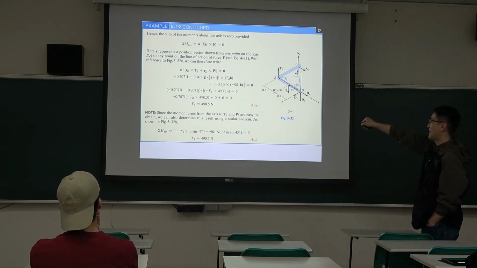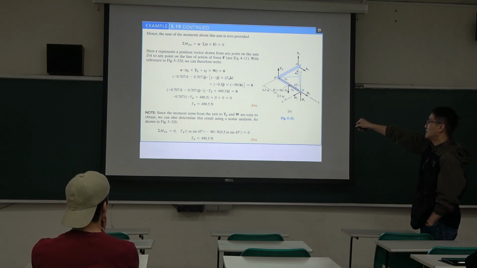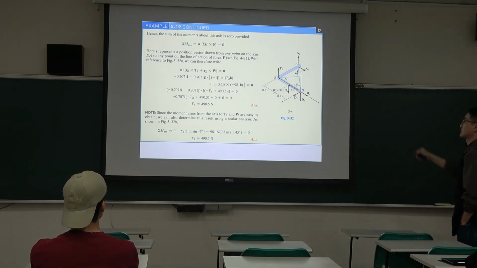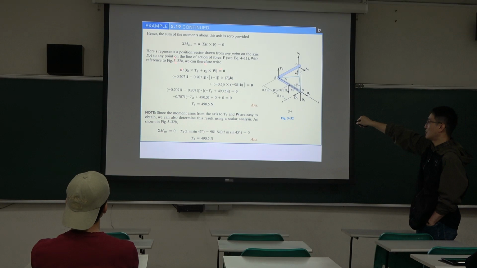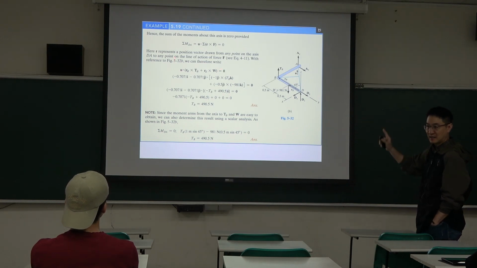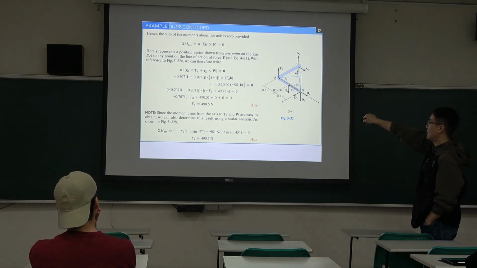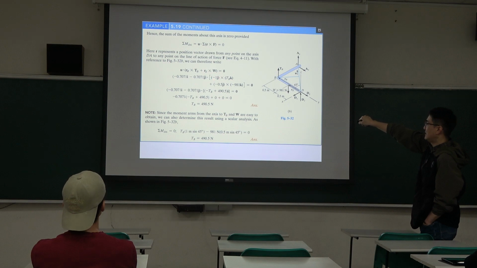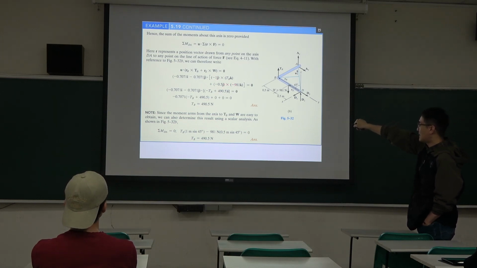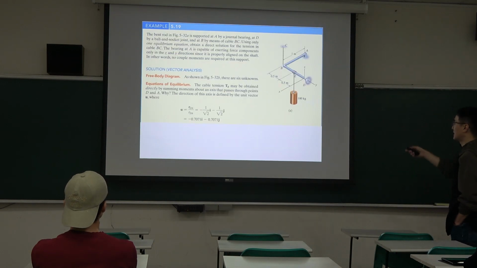Okay, then the unit vector dot this cross product should be equal to 0, because for the dot product, that's only magnitude. So the magnitude should be equal to 0. Okay, so RB is here, and TB we represent in this way, and RE is halfway to RB, so RE is this value, and that's the weight of this cylinder.